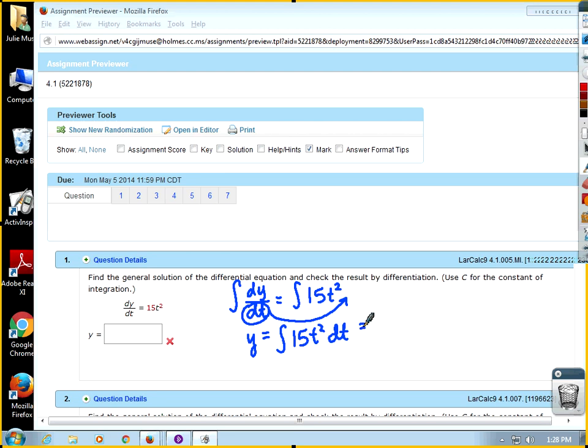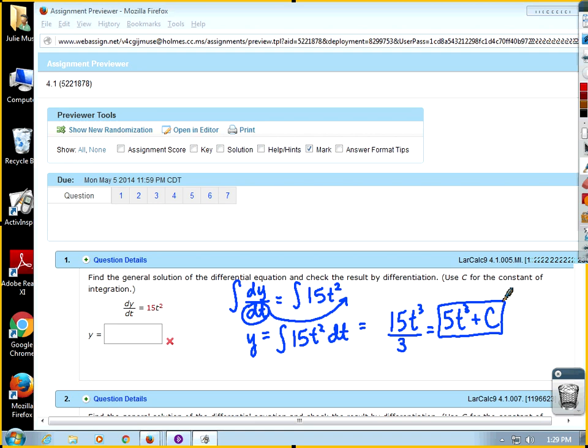Okay, and so we're going to use our power rule, which is to add 1 and divide by the new exponent. So 2 plus 1 is 3. So we would have 15t cubed divided by 3, which is 5t cubed. And then don't forget we need to add our constant. And like they said in the directions, you can check this by differentiating.